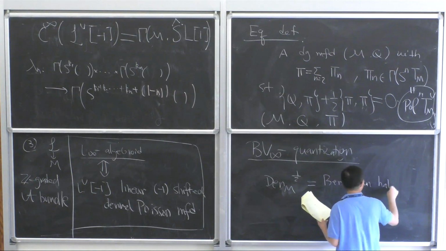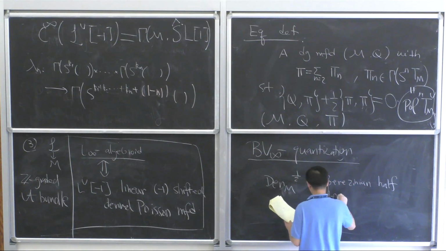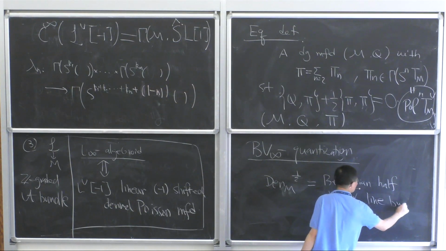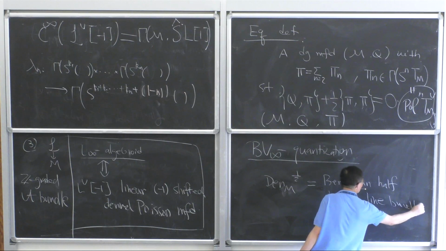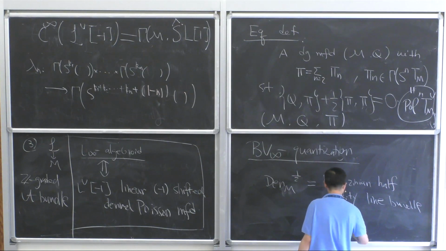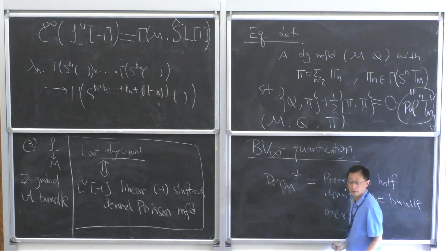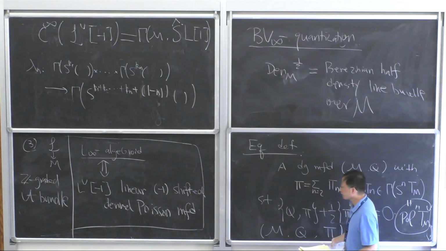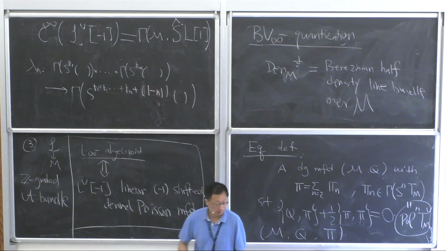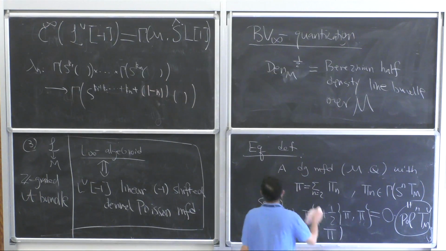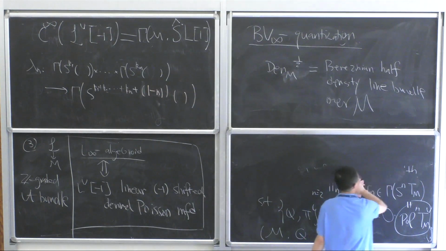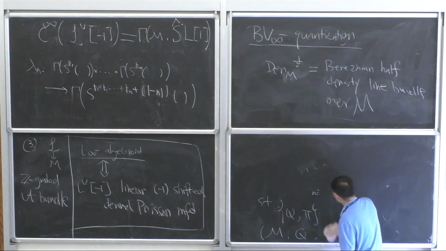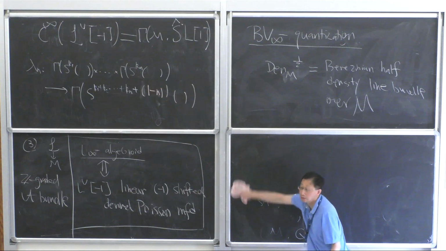half densities, which is a line bundle over M. And you can look at differential operators acting on here. In the usual way, you can talk about the order of a differential operator.